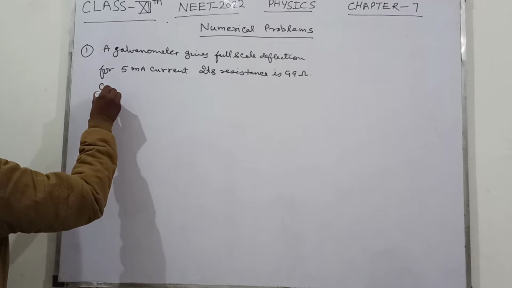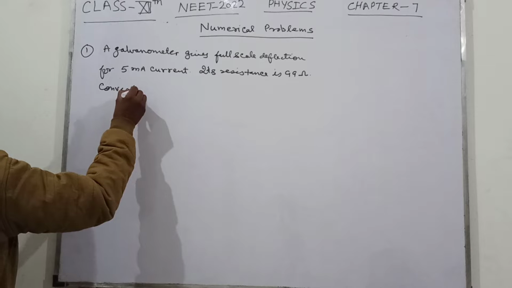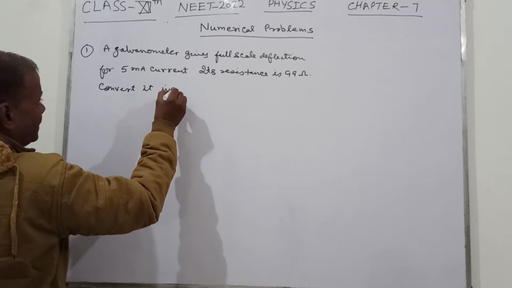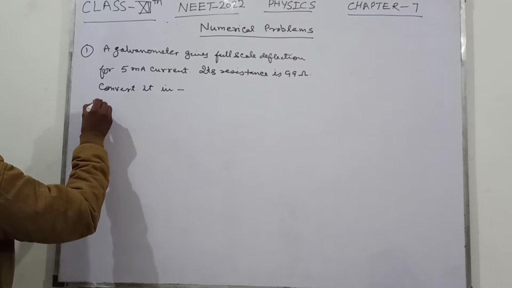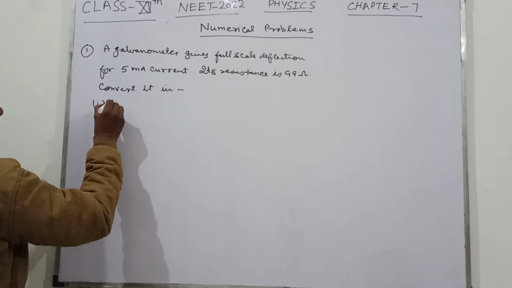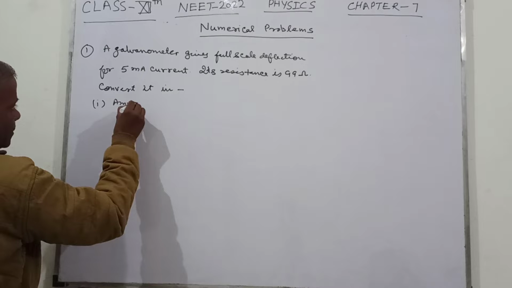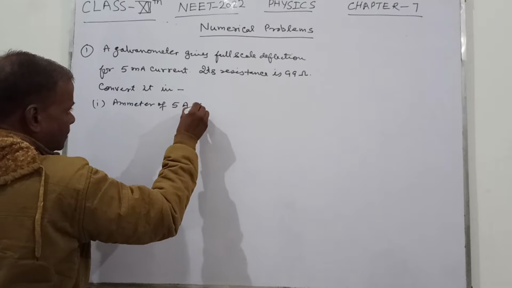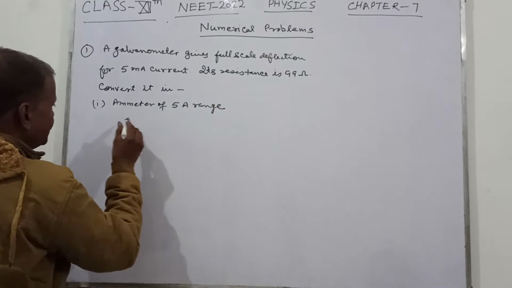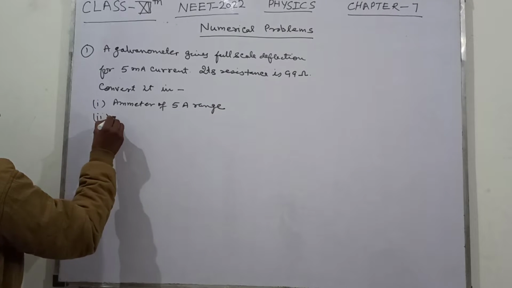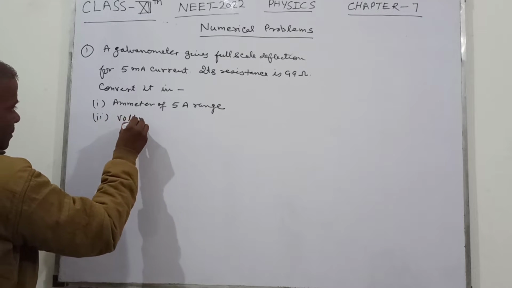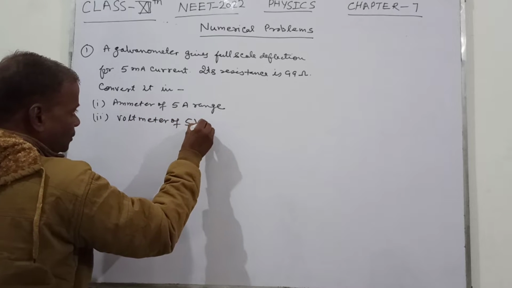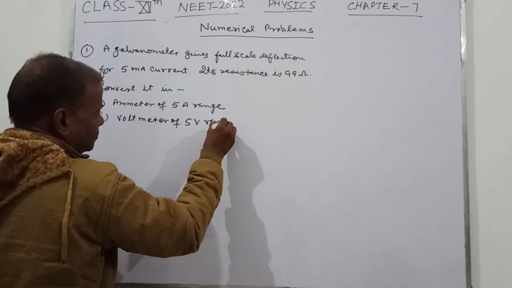Convert it into, number 1, an ammeter of 5 ampere range, second, a voltmeter of 5 volt range.